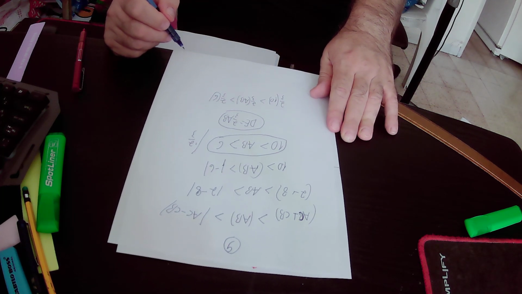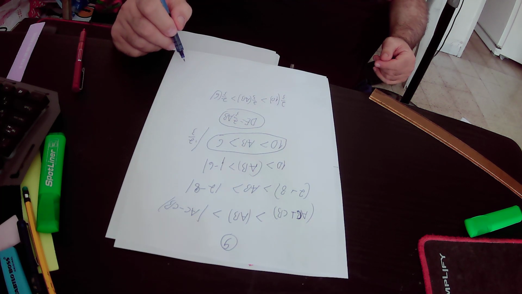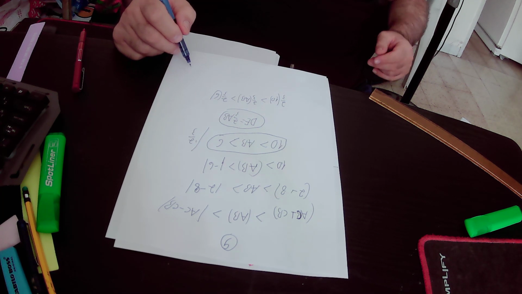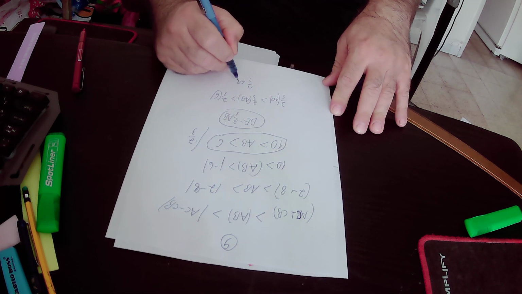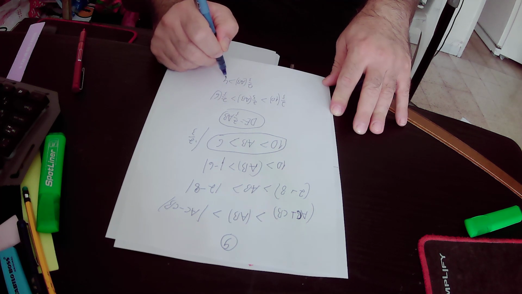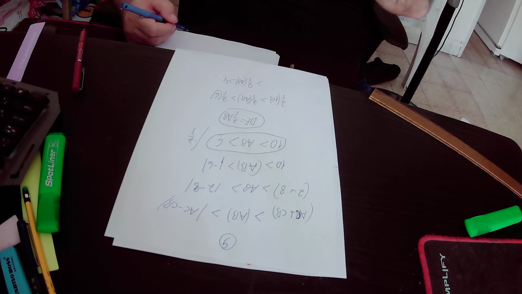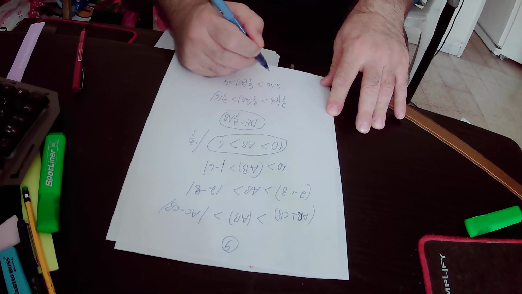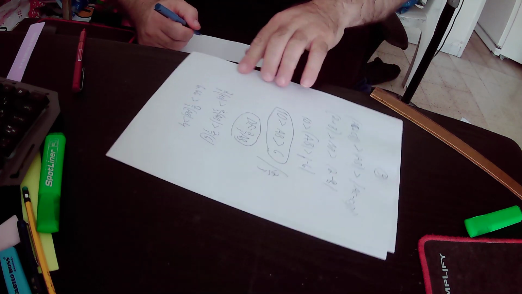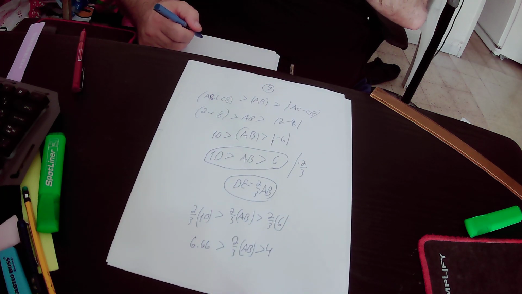Okay? Two-thirds times 6 is 2 times 6 is 12, and 12 over 3 is 4. So we get that 2/3 AB is greater than 4 for one side, but it is smaller than 2 times 10 is 20, 20 over 3 is 6.66.